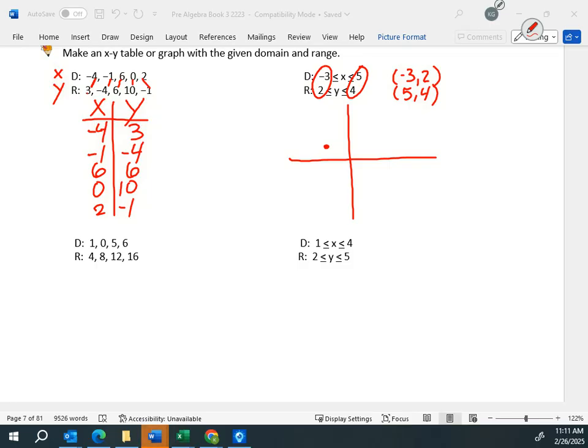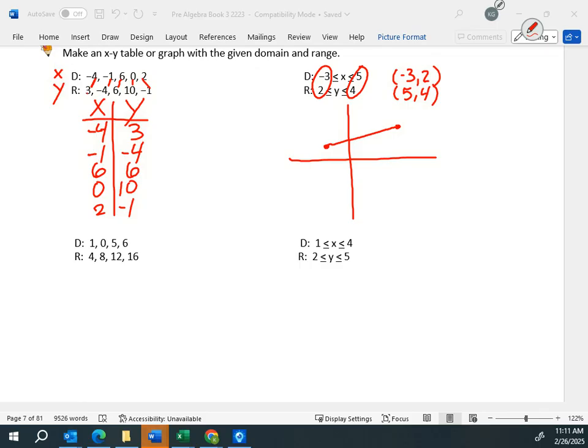Then I have 5, 4. So I'm going to say, okay, if this was me going out to -3, going out to +5, it's about here, so about right there. It's a segment, so all I do is connect the dots. No arrows, because it's not a line. So I just connect my dots.